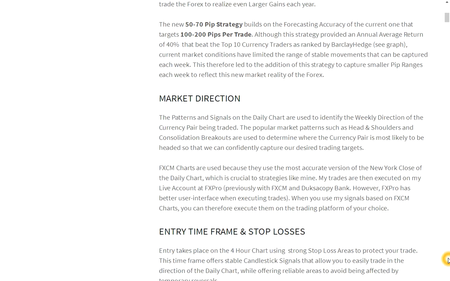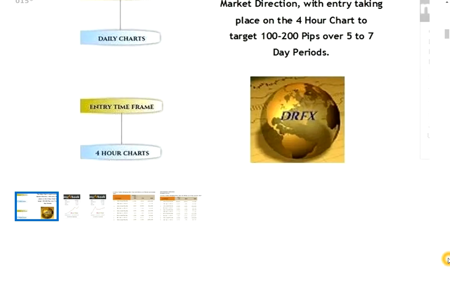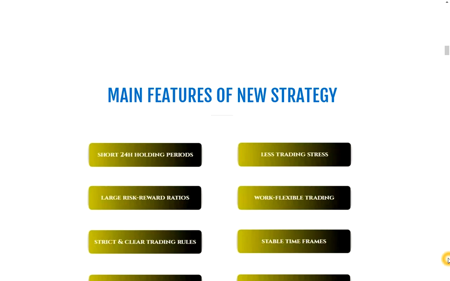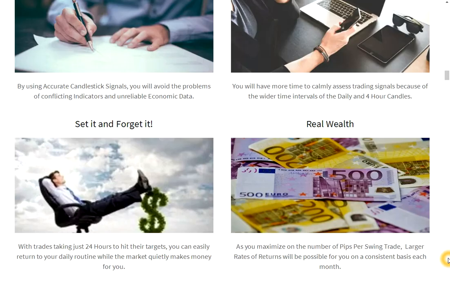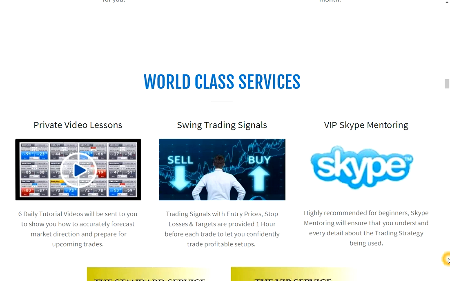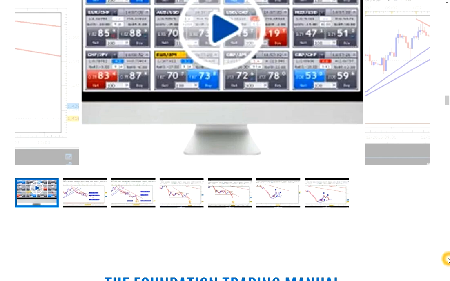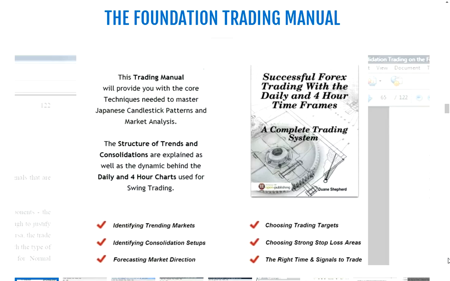So in the trading manual, what you'll find is that there are several examples, there are several ways in which you can identify the formation of consolidation, and this needs to be an essential part of your trading so that you can predict when the market is going to be changing its movements and its patterns.